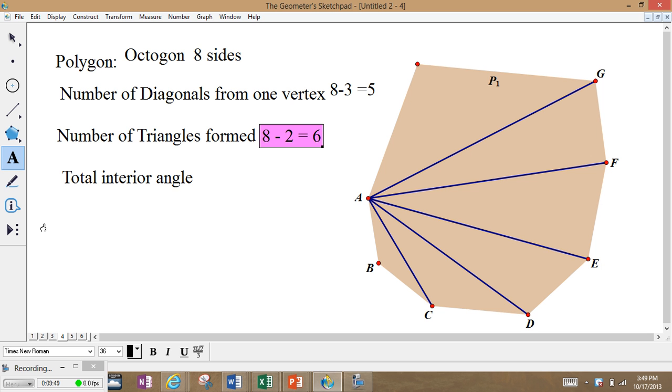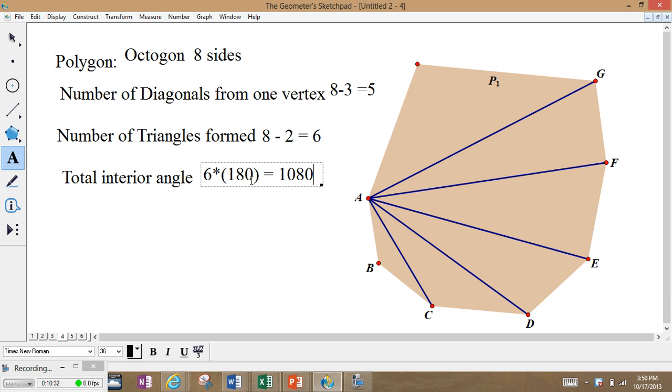So what's our total angle measure? Well, it should be 6 times 180. 6 times 180 would be 1080. That would be the total angle measure.